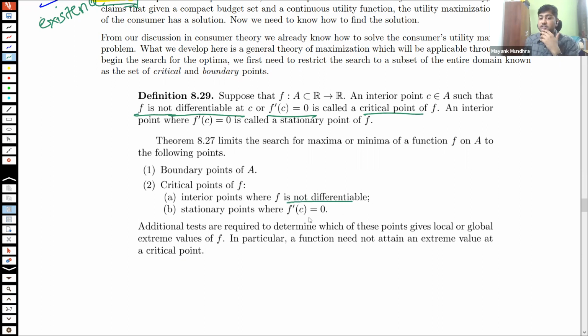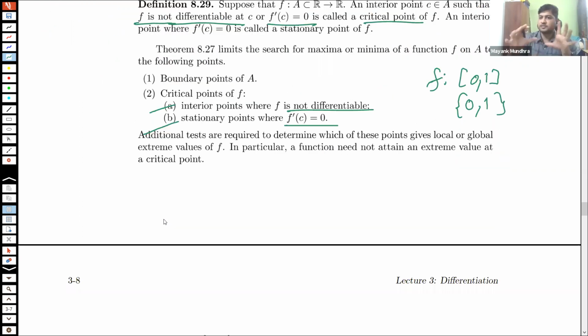And then we have already looked at what boundary points are. If f is defined on 0 to 1, then the boundary points are going to be 0 and 1. Critical points are going to be points where f prime is not defined or f prime is 0. So first we focus on these two types of points. Next, we try to look for an optimum.